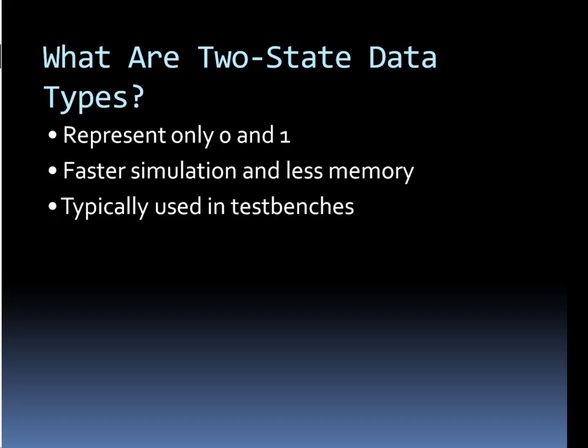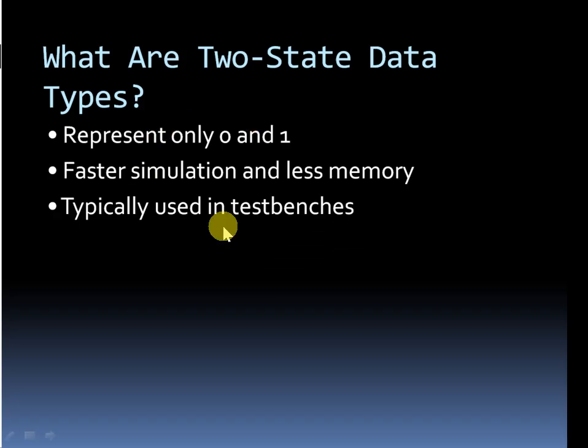They can only take two values, 0 and 1. We cannot use X and Z values. Why do we use these? They help improve simulator speed and also reduce memory usage, as they do not require additional bits to encode X and Z values. So they cannot be used to represent X or an uninitialized state. X and Z will be automatically converted to 0.